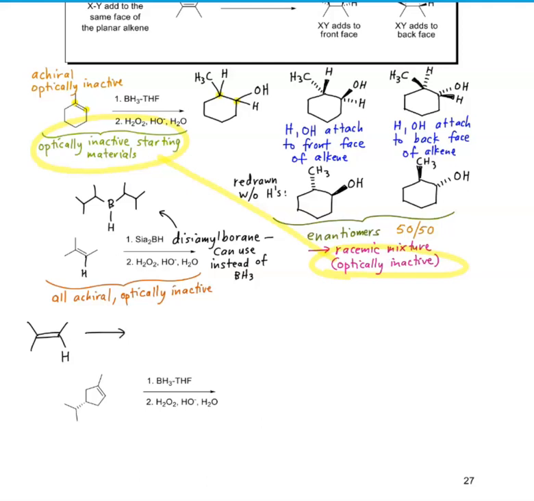Okay, so first of all, let's draw the constitution of the product. So remember that it's a hydroboration oxidation, which means that the hydrogen attaches to the more substituted alkene carbon and the OH group attaches to the less substituted alkene carbon. So the constitution of the product looks like this.